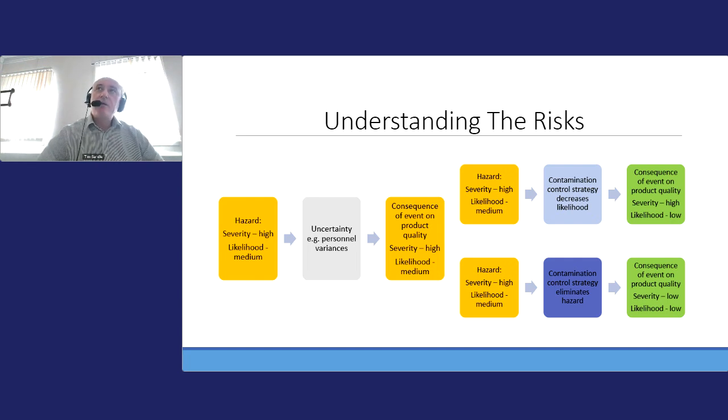But we also then need to say, okay, that might be the idealized state, but what's happening if it's person dependent, because that introduces a degree of variability. And then to consider, what are the consequences for product quality, and are there any subparts to that, and then what's the appropriate level of control and the appropriate level of monitoring.